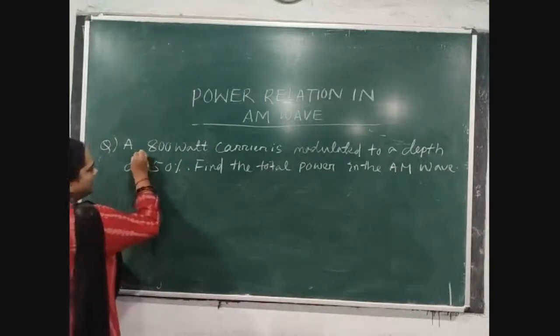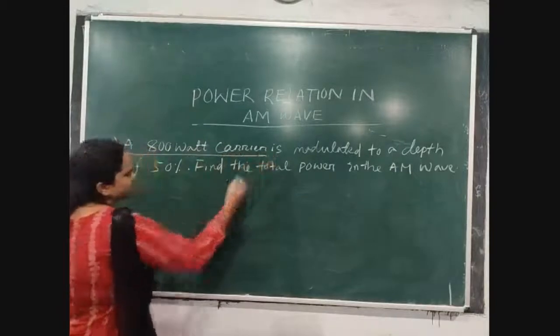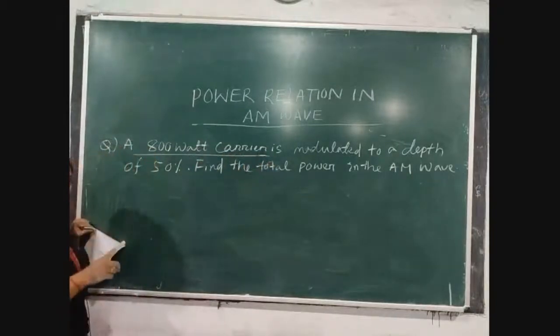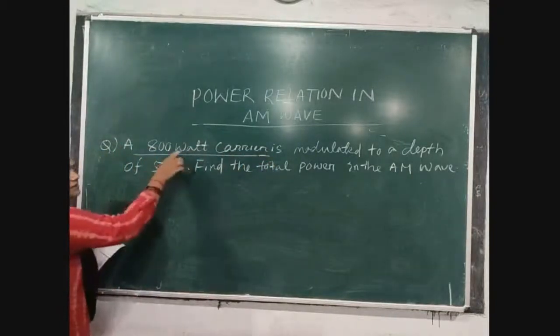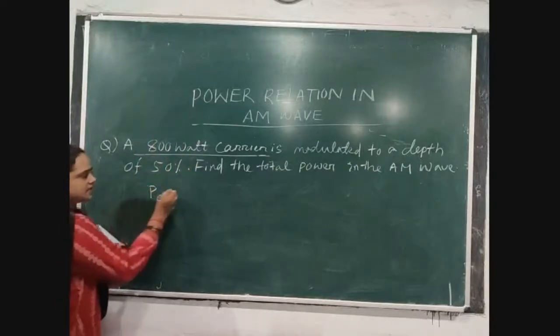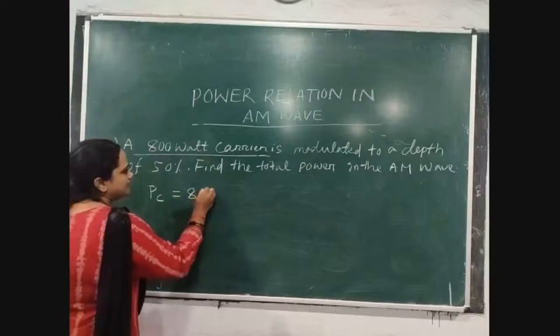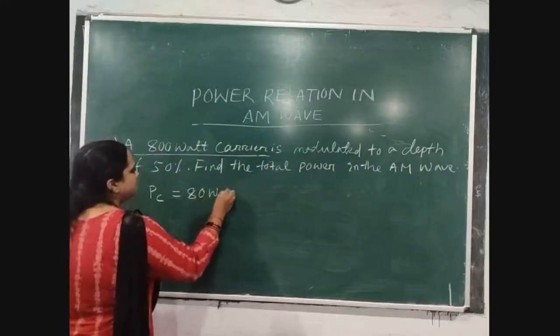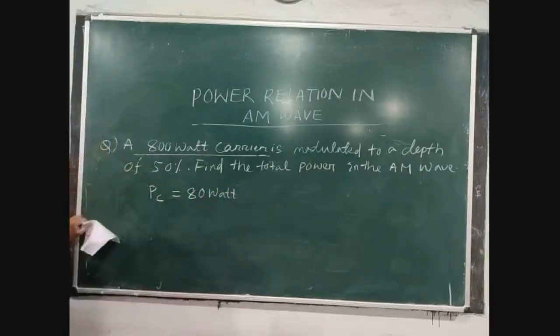So in this given problem, what values are given? That is 800 watt carrier, the unit of power is watt, so this one is the power. Carrier power means PC. PC is 800 watt. In the last class I told you that to find the modulation depth or percentage of modulation, we have to multiply the modulation index by 100.